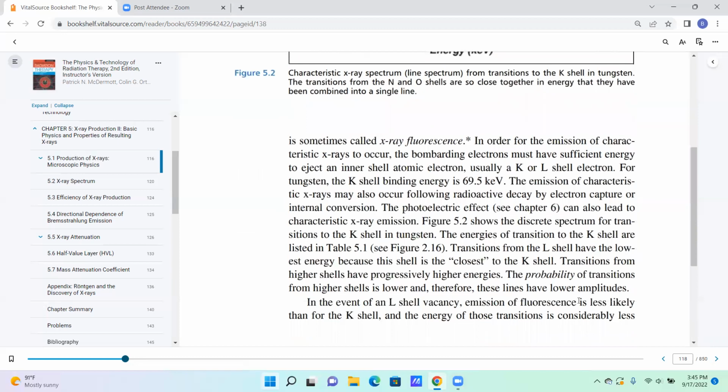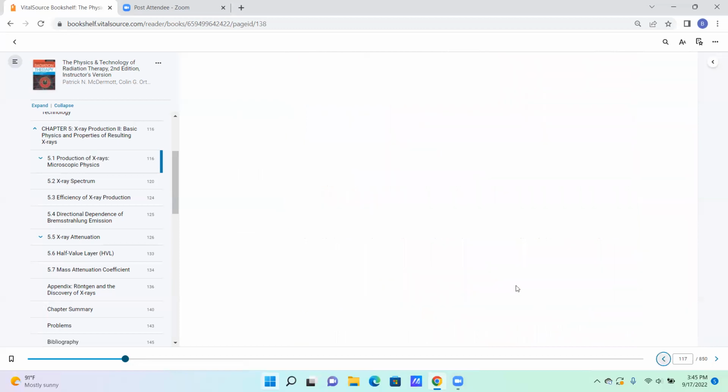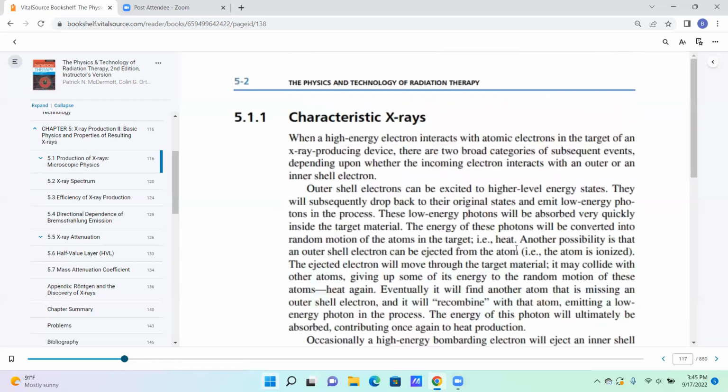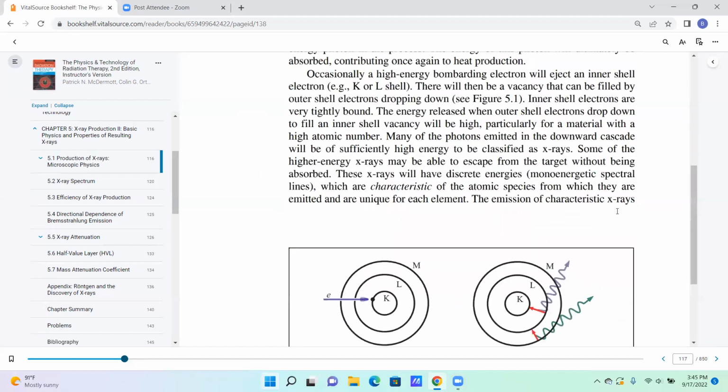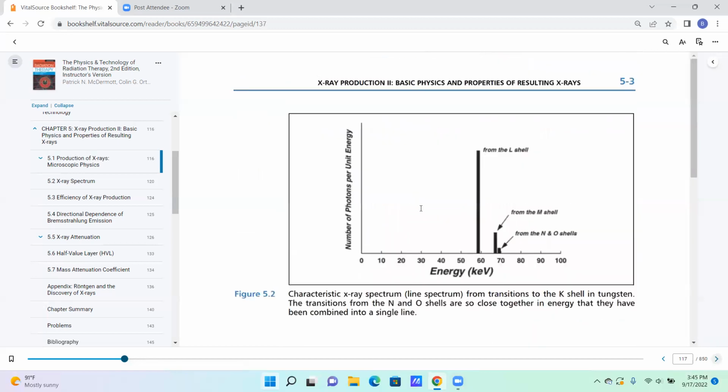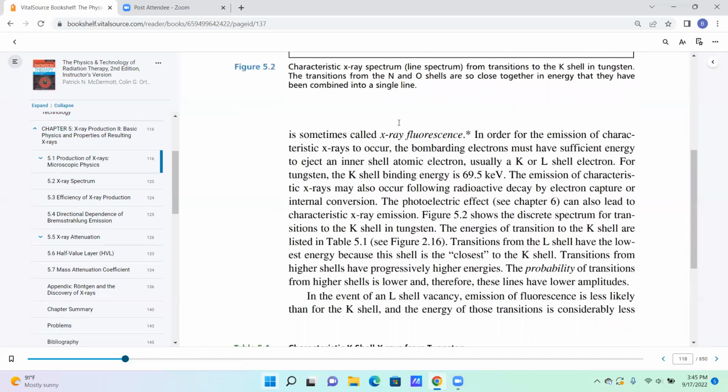You do have something here about X-ray fluorescence, and the emission of characteristic X-rays is sometimes called X-ray fluorescence.